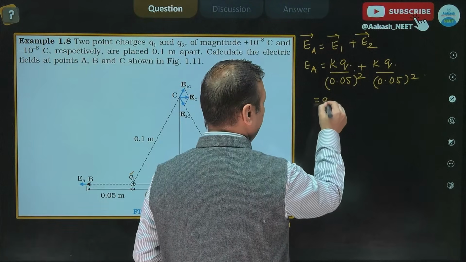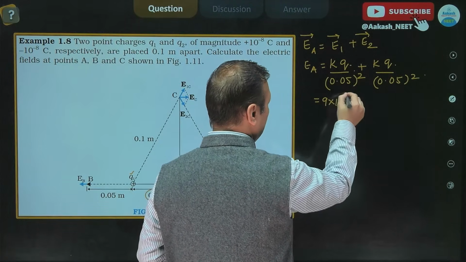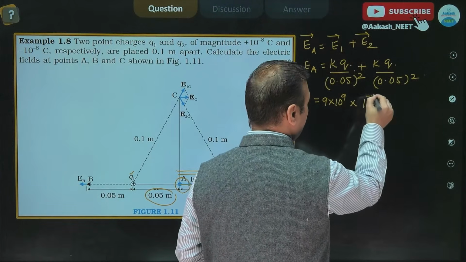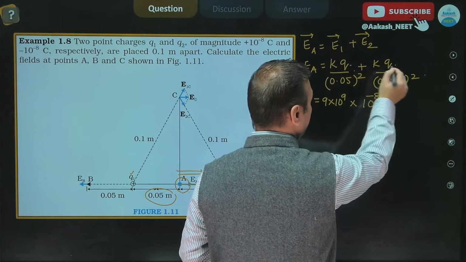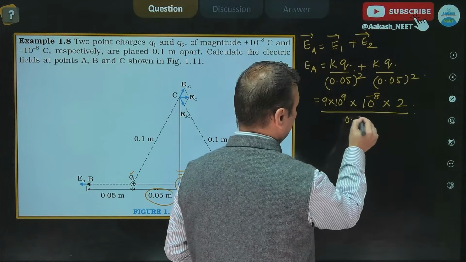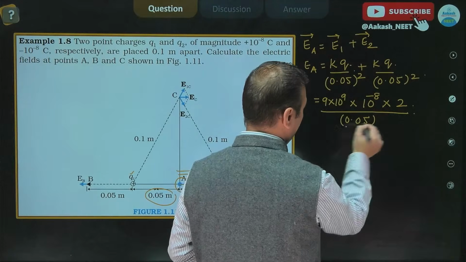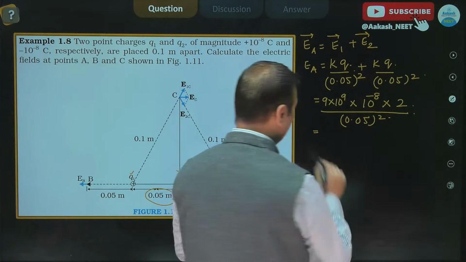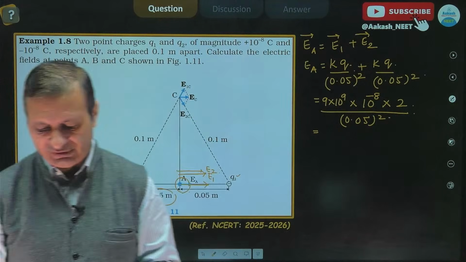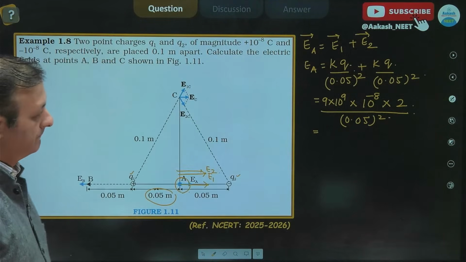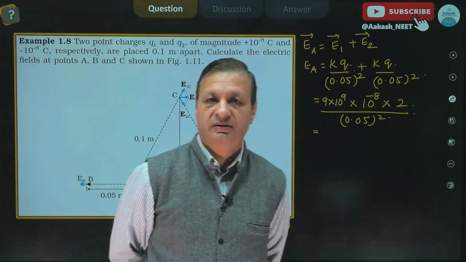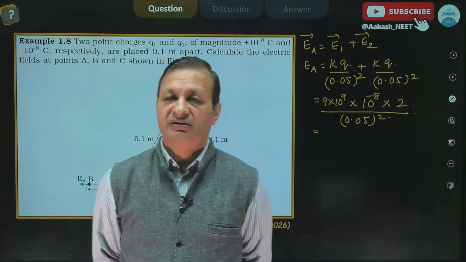The value of K, as we all are aware of, and what is Q? 10 to the power minus 8. When you add it, it becomes twice of this, divided by 0.05 whole square. So, please try to work out what you will end up with. I am giving you a minute to attempt this and give me the answer.